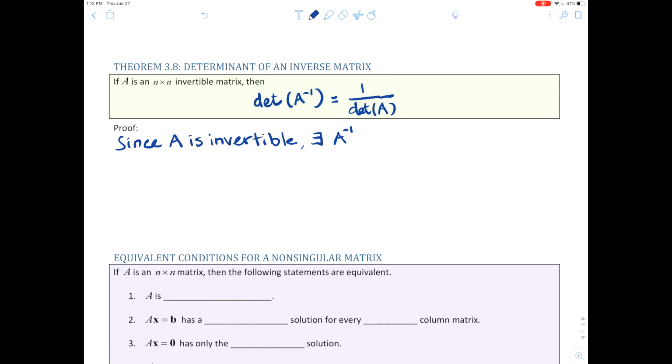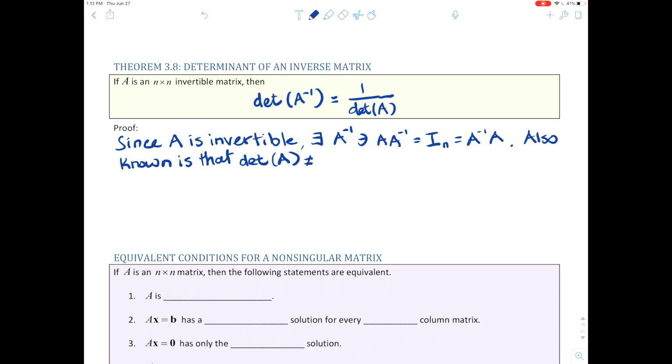Some A inverse such that A times A inverse equals the identity matrix I_n, which is equal to A inverse times A. That's by definition. What do we also know? Well, we also know that the determinant of A is non-zero since it has an inverse, right?